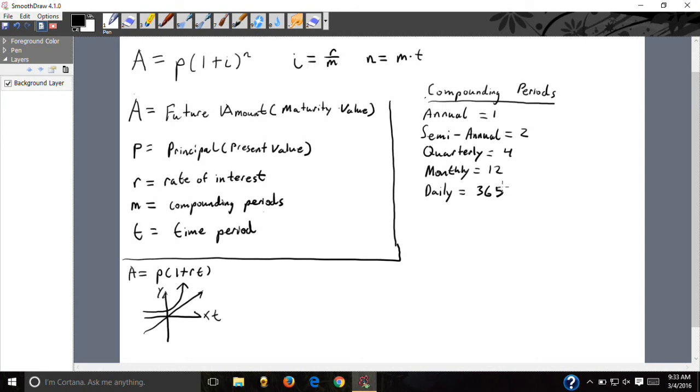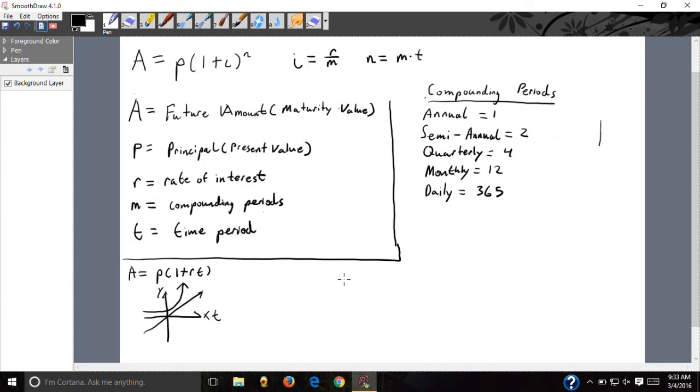So if you read an example problem that says a principal value of $5,000 was compounded semi-annually at 8% for 3 years, when you hear that compounded semi-annually, you'll go over here to your little chart and know that semi-annual means there's 2 periods because there's 2 halves of a year. So I'm going to use this value right here.